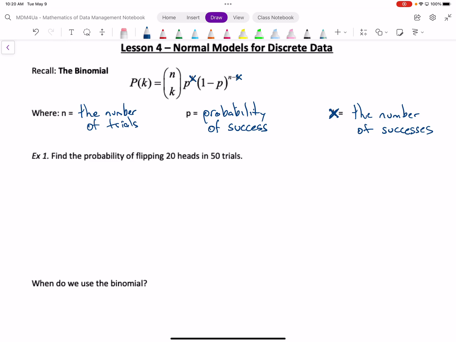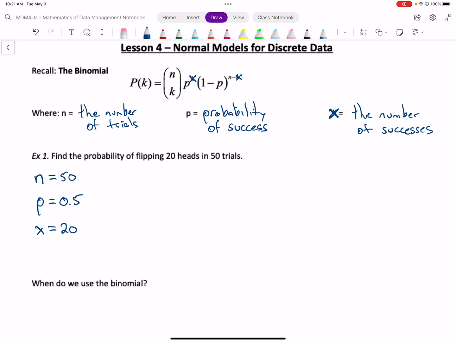In this scenario, n would be 50, my number of trials. P is my probability of success. Flipping a coin, unless it's been weighted, the probability of one head is 1/2 or 0.5. And then x would be the number of successes, which would be 20.